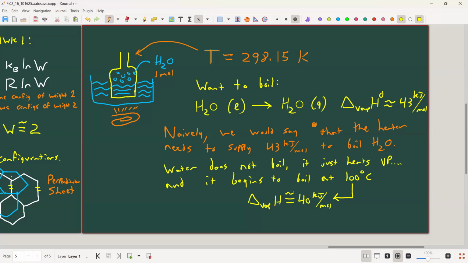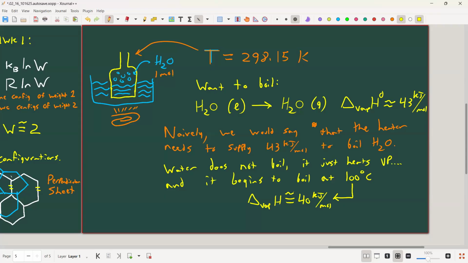So what gives? We just said that enthalpy is the heat required for a process to happen, that this requires 43 kilojoules per mole of energy to go. So why doesn't it go when we apply the required amount of heat?